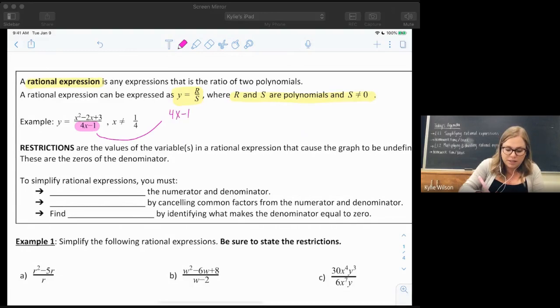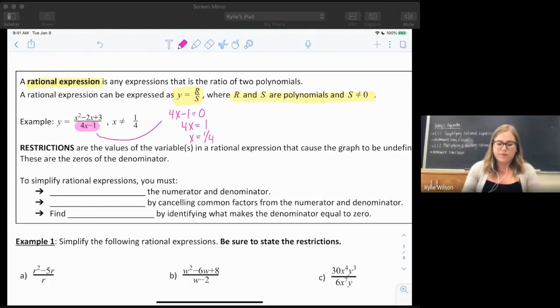So I'm going to set it equal to 0, and I'm going to solve for x. We move that 1 over, and then I divide out the 4. So the bottom would become 0 when x is a quarter. That means that is the only number that x cannot equal.